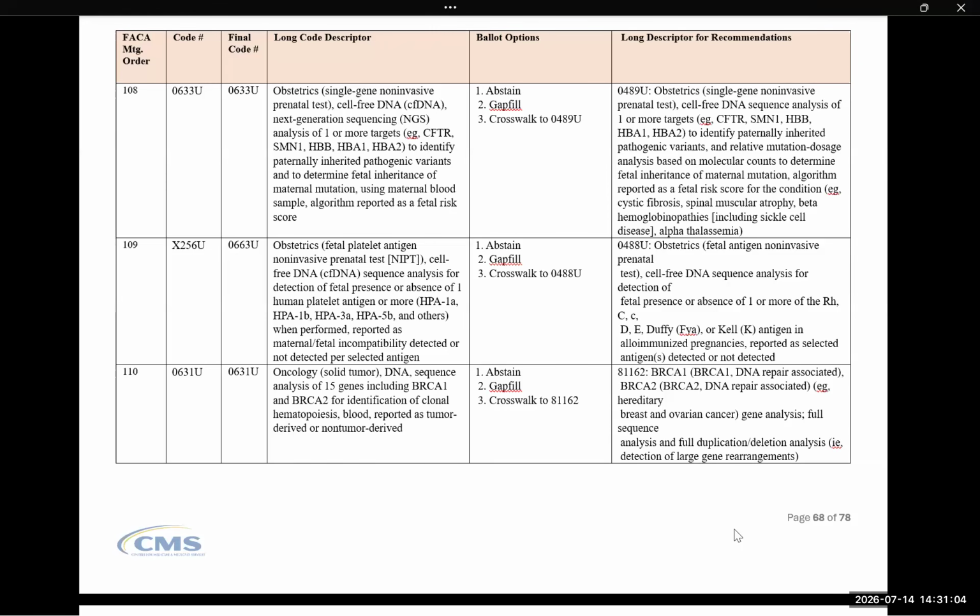I'm sorry, this is Heather. I do think that in the sponsor's presentation to the committee, there were additional codes that were recommended in the crosswalk. I think you are correct.